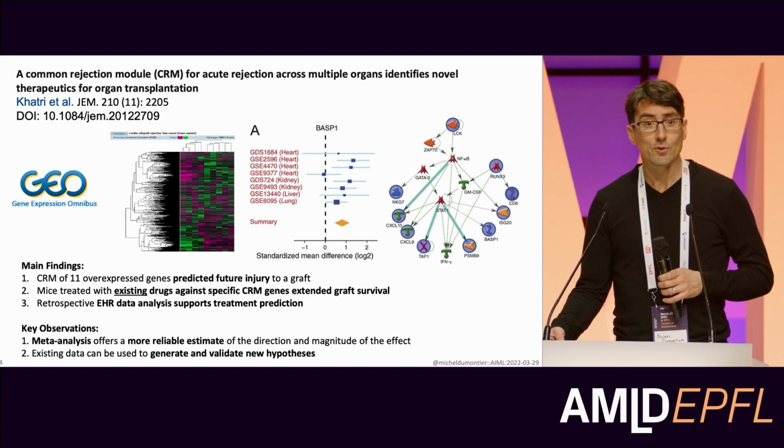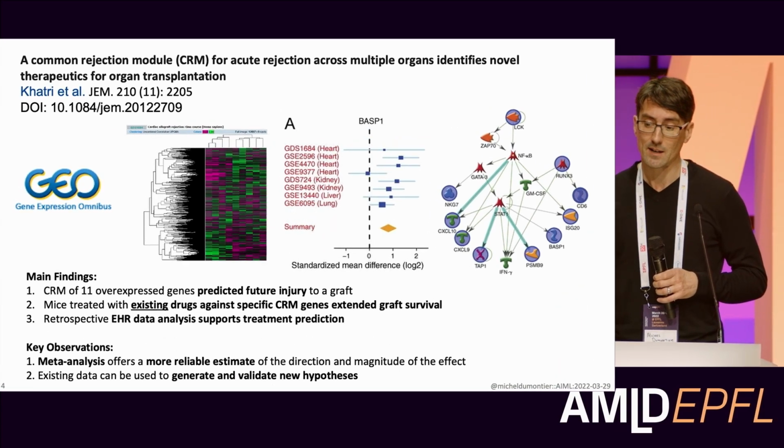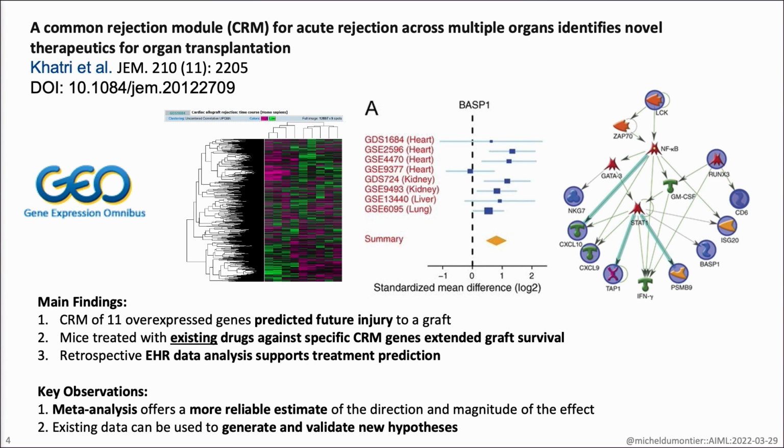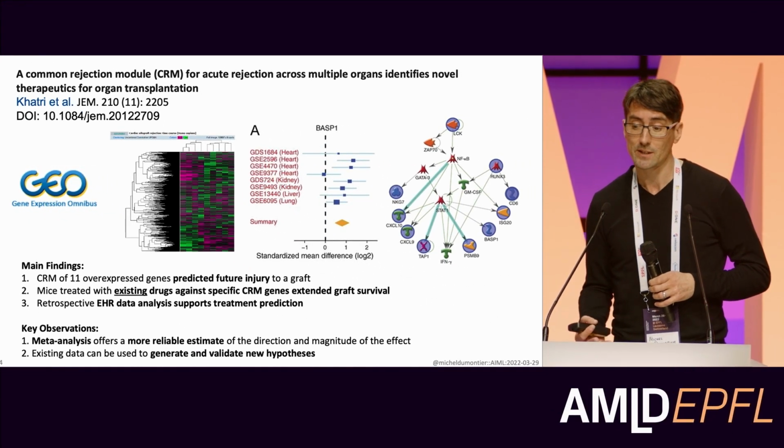Gene expression data shows you which genes are turned on and which genes are turned off under different circumstances. By searching this database, they were able to identify data sets that related to organ transplant rejection in heart, in liver, in lung, in kidneys. And what they wanted to do is learn a signature that was robust across these different tissues, these different organs.